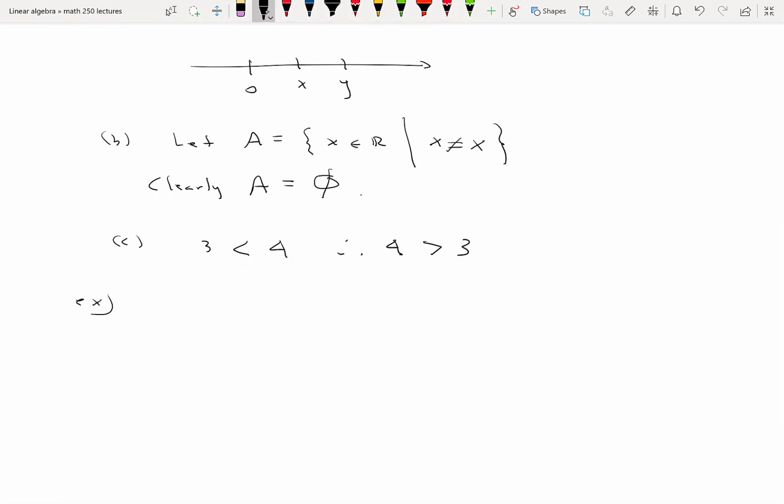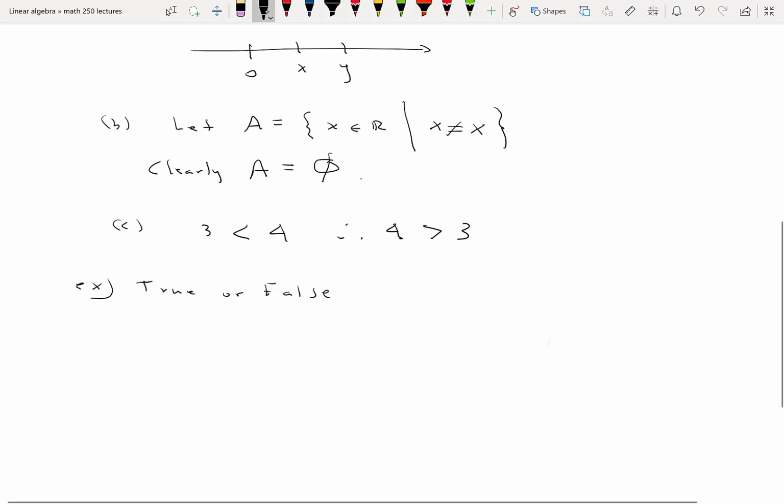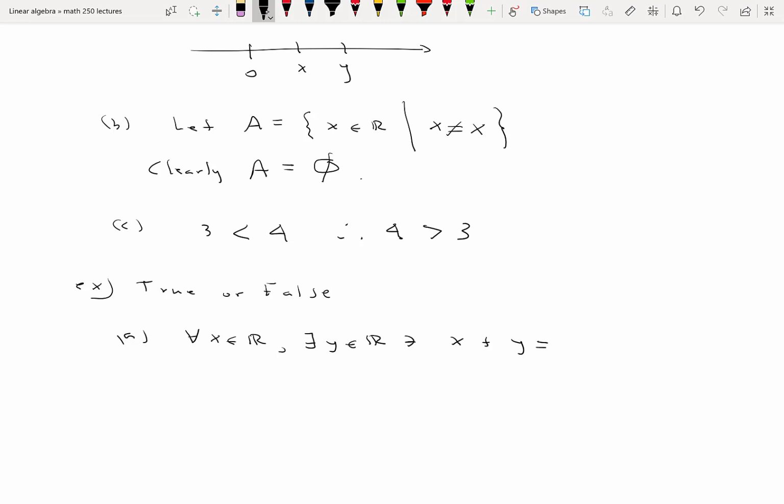True or false? Let's say part A for this example. For every x in R, for every real number x, there exists a y in R, such that x plus y equals 0.